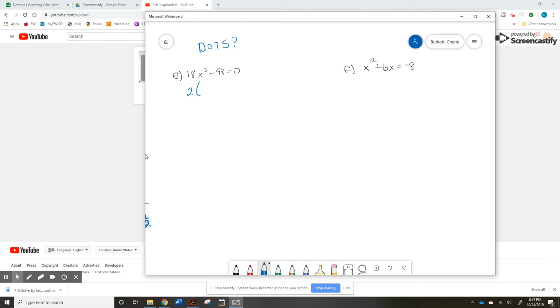So if I factor out a 2, undistribute a 2, 18 divided by 2 is 9, 98 divided by 2 is 49. And now you recognize that this is a difference of squares. Yes, it is. 9 is 3 times 3, 49 is 7 times 7. So this factors out like this.